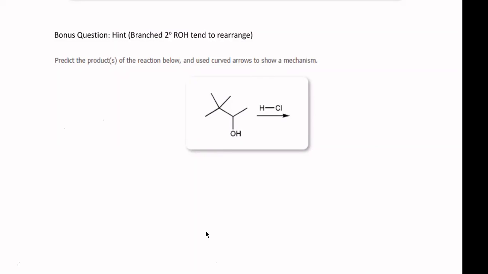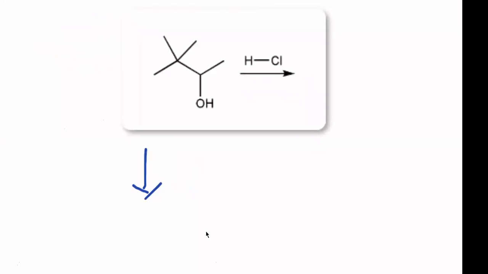Yeah, let's do this real quick. Let's go through the arrow pushing. I have another class after this, but I can be a few minutes late. What's the first step in that mechanism? Let's work it together.